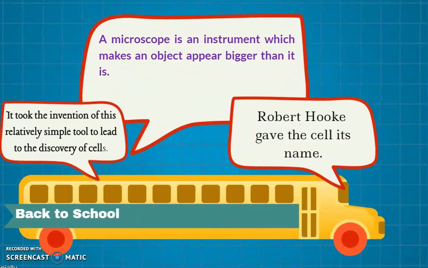What is a microscope? Well, a microscope is an instrument that makes objects appear bigger than they really are. Why? At the beginning, in those times, nobody knew that microorganisms existed. You are not able to see microorganisms with your naked eye.